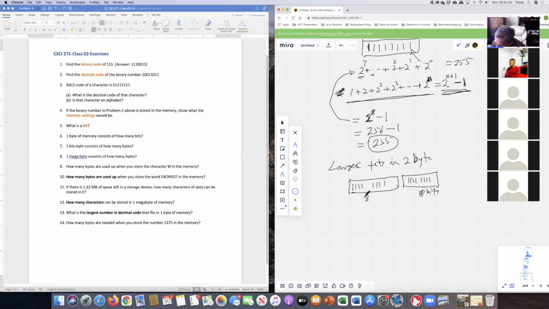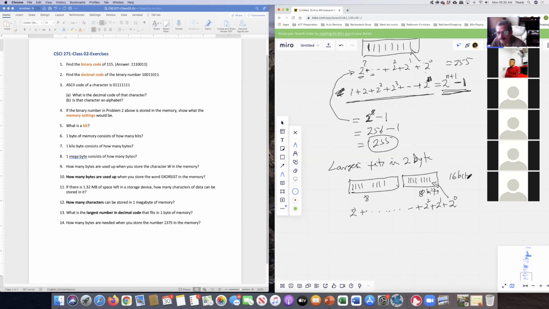So how do I convert that to its decimal equivalent? It'll be 2 to the 0, 2 to the 1, 2 to the 2, all the way to what power will be the largest? 2 to the power what? Is it 15?